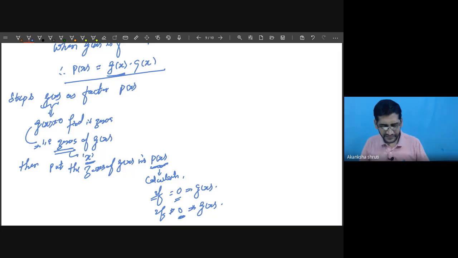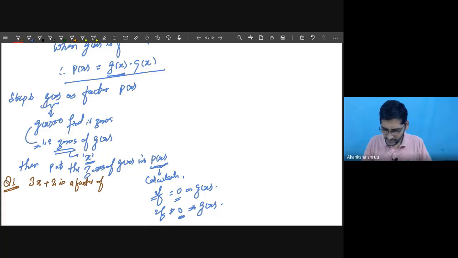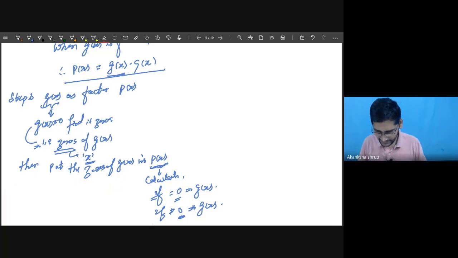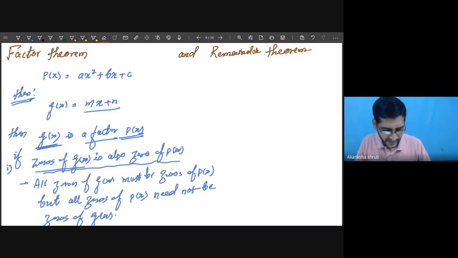Example, we can take an example. We want to check whether 2x plus 3 is a factor of, say, 2x square minus 6x minus 3. Let me write the question here.